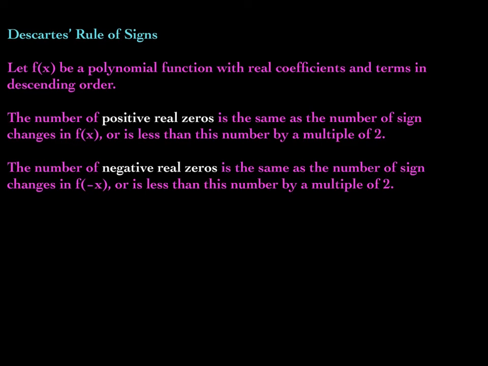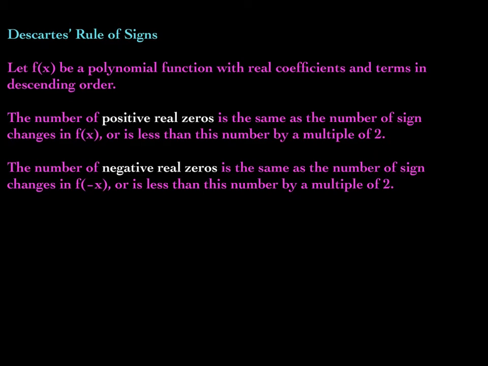This is how it works. Let f of x be a polynomial function with real coefficients and terms in descending power order. Here it is. The number of positive real zeros is the same as the number of sign changes in your function, or is less than this number by a multiple of 2.